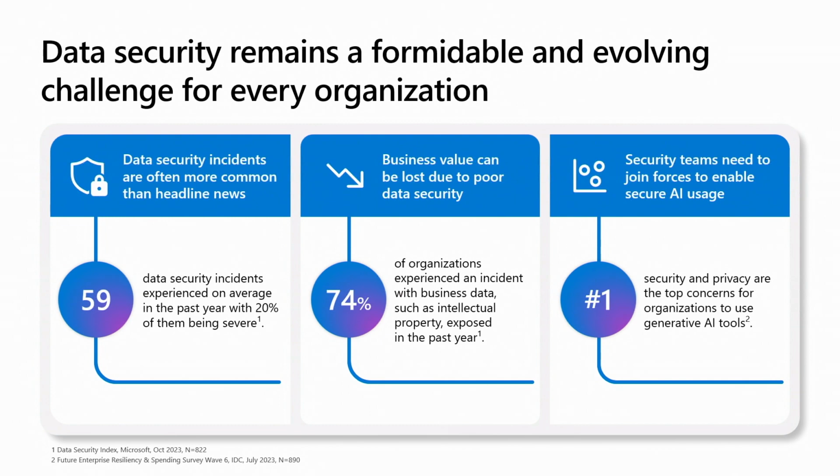Among those incidents, 74% of organizations say they had their business data exposed, including intellectual property, source code, or financial agreements. And as organizations adopt AI applications at an unprecedented rate, we are also hearing that security and privacy have become the number one risk that security teams need to join forces with the business on, to help have a more secure AI usage.